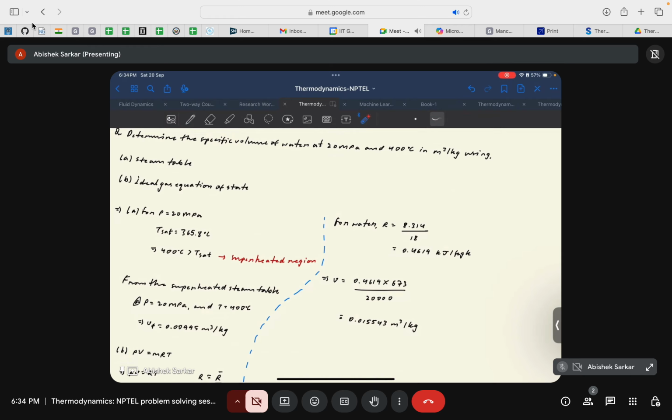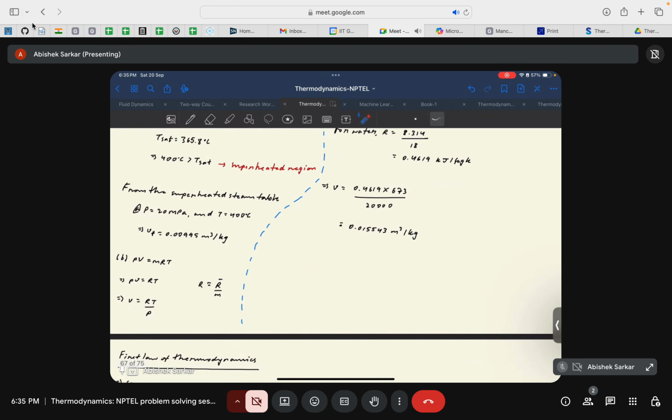But since it is outside the liquid-vapor dome, in the superheated region, where certain approximations can be made, the ideal gas equation may be a bit helpful. From the superheated steam table, for pressure at 20 megapascal and temperature at 400 degrees Celsius, the specific volume is 0.00995 meter cube per kg.